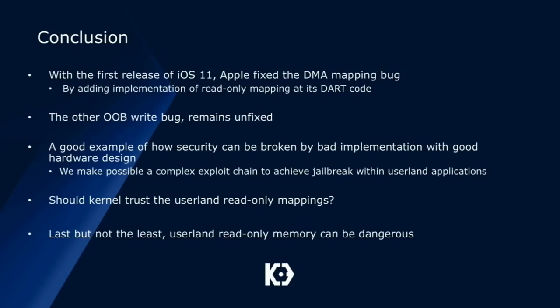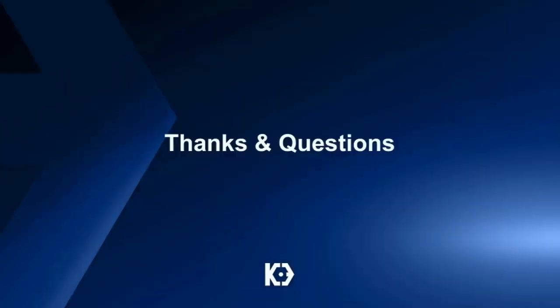But at least in this talk, we demonstrated that the userland read-only mapping can be dangerous. It is possible that in the future, another bug is introduced and breaks this trust boundary again, and we make the whole exploit chain work again. It's very likely, and we never know at this moment. Thanks for listening. And if you have any questions.